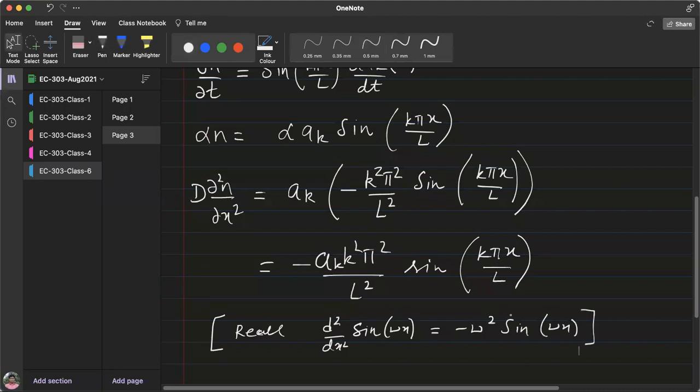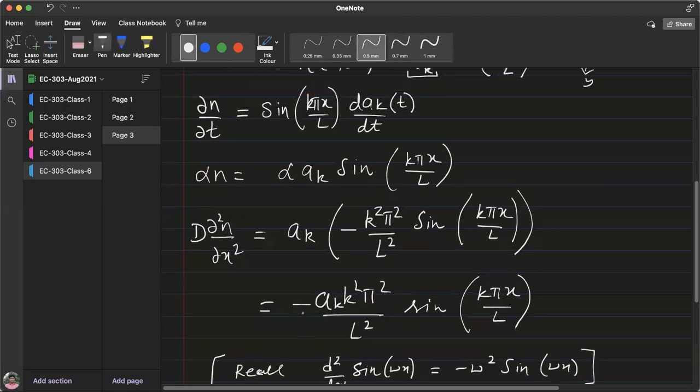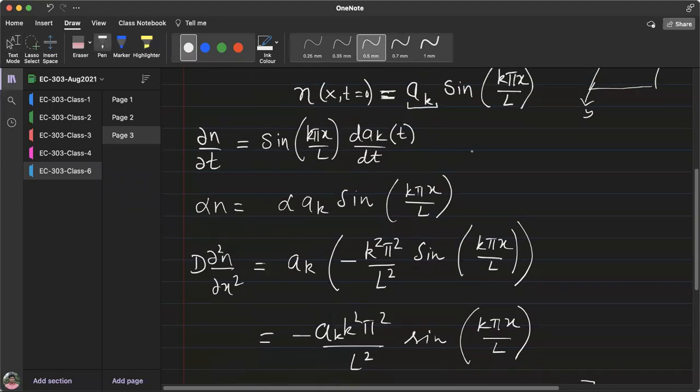I've just used that here. So we now have all three terms of the left hand side.